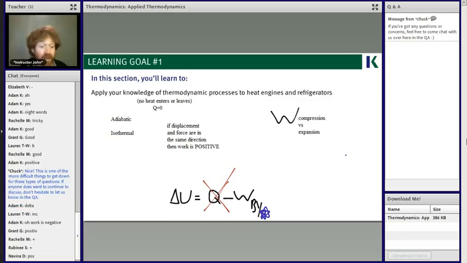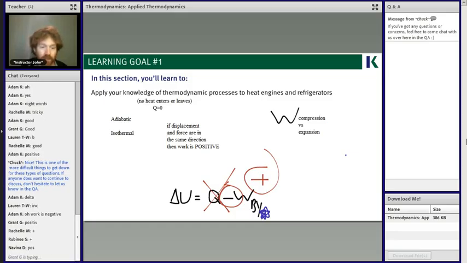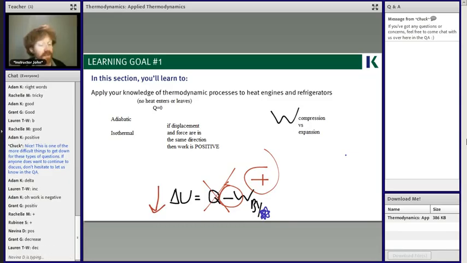Then it's positive work, exactly true. So if we make this sign positive, notice how we've got a negative, we're subtracting in front of it, thus your internal energy will decrease. You got it.